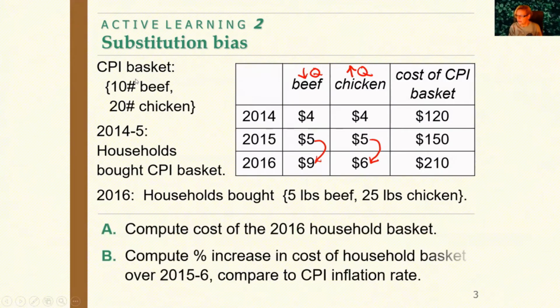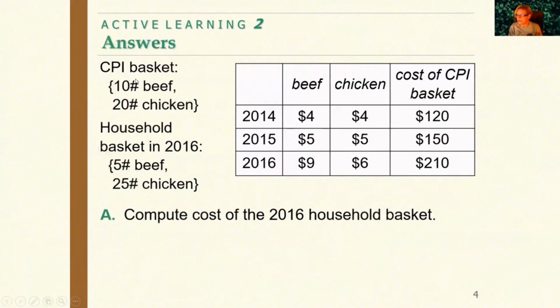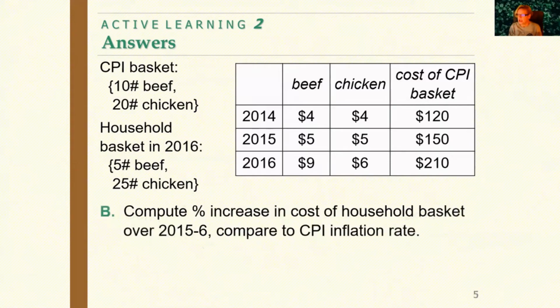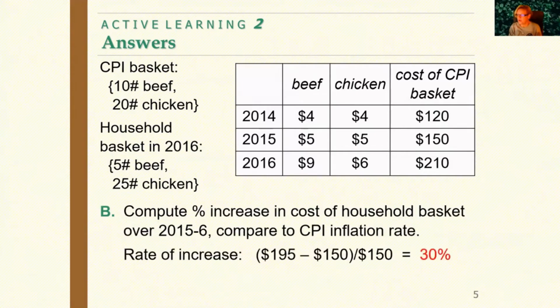So in our previous example, we calculated that the cost of the 2016 basket was $195. Again, the quantity times the price. And then what was the cost of the household basket in 2015 to 2016? So the rate of increase would be 30%.